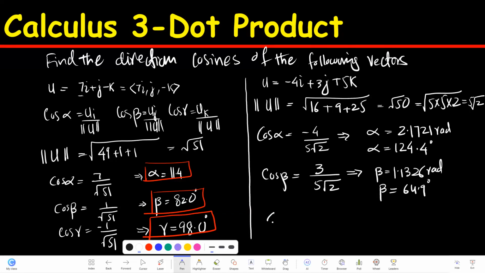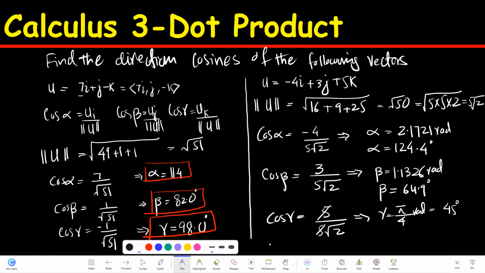Okay, cosine gamma equals 5 over 5 root 2, where the 5s cancel out. So what's left over is 1 over square root of 2. So gamma equals pi by 4 radians. And if you multiply by 180 divided by pi, the answer will be 45 degrees.